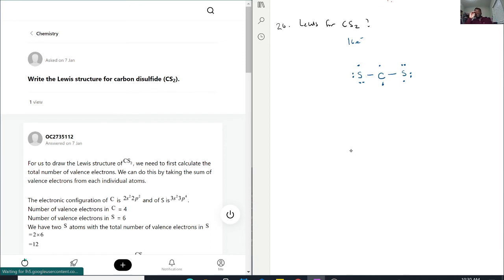Now, the reason why I drew it this way is because in order to satisfy the octet rule and get rid of the unpaired electrons, they're actually going to form double bonds on each side. What I mean by double bonds is that an extra bond is added with the unpaired electrons coming together. So now what we have for the structure is S=C=S.